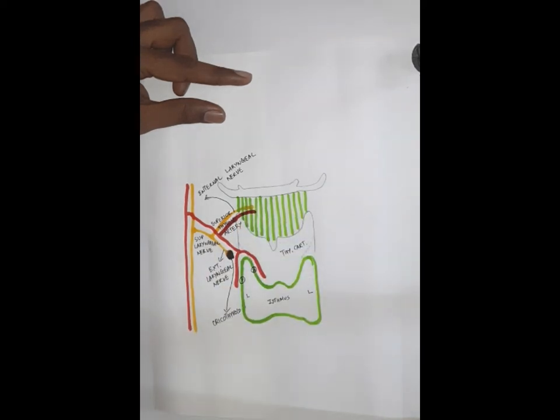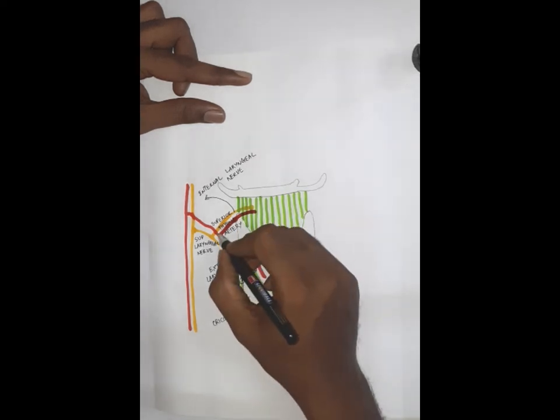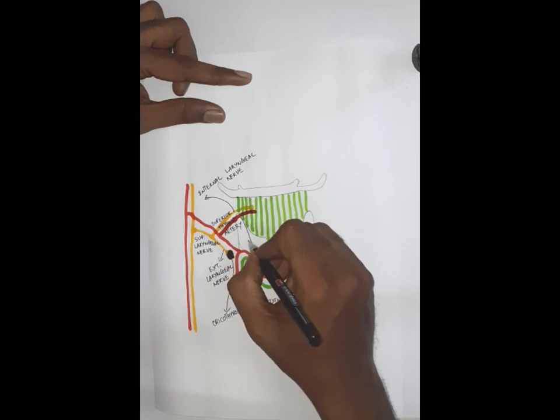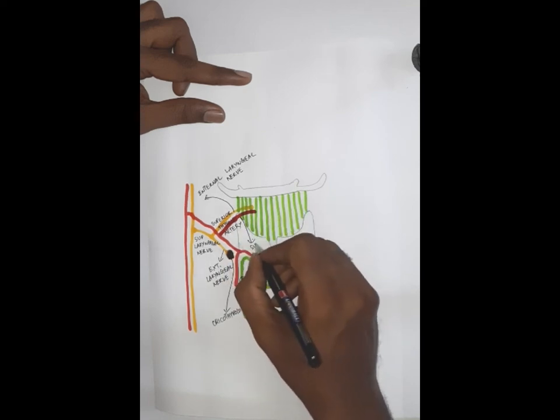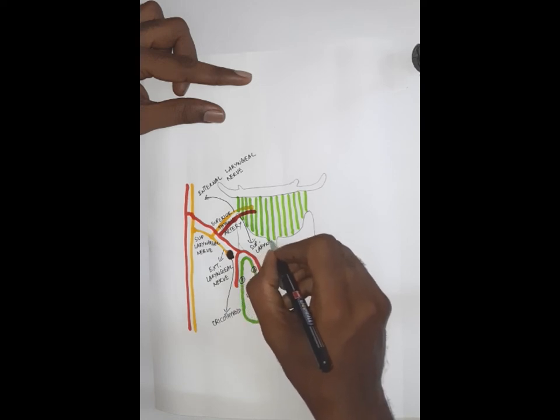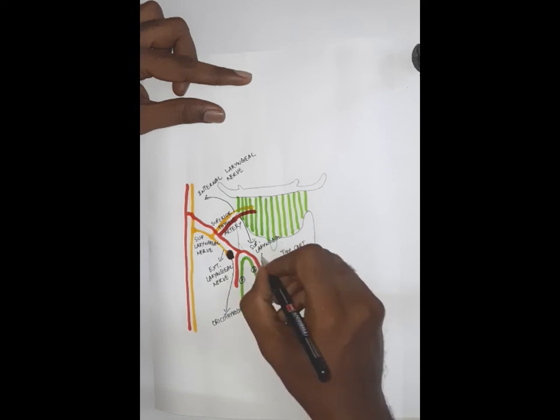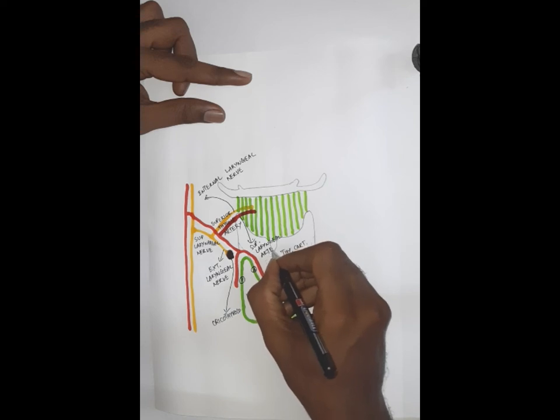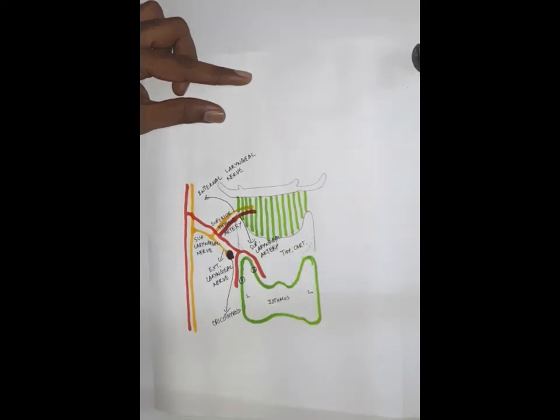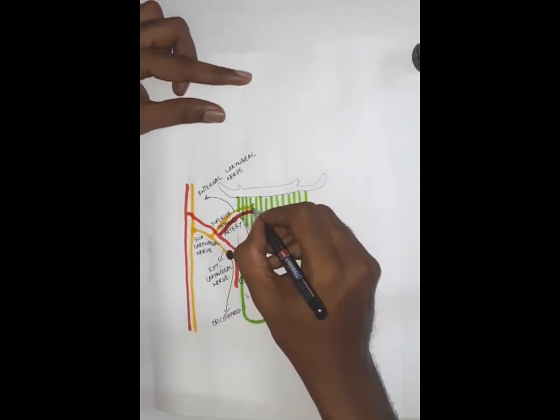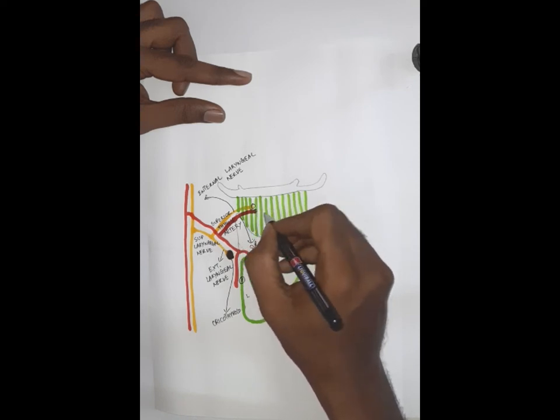This artery, now a branch coming from the superior thyroid, is called the superior laryngeal artery. Got it? So these two structures now pierce the thyroid membrane.